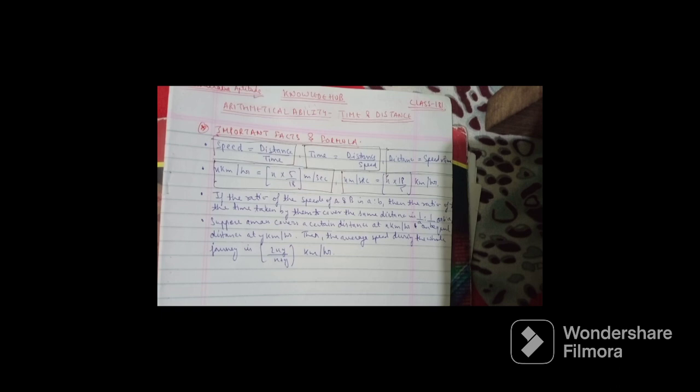Now we'll go for the questions, because all the facts and formulas are done. The first question of the session is: how many minutes does Aditya take to cover a distance of 400 meter if he runs at a speed of 20 kilometer per hour?